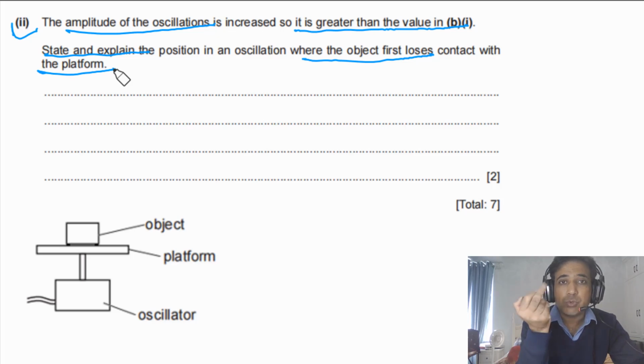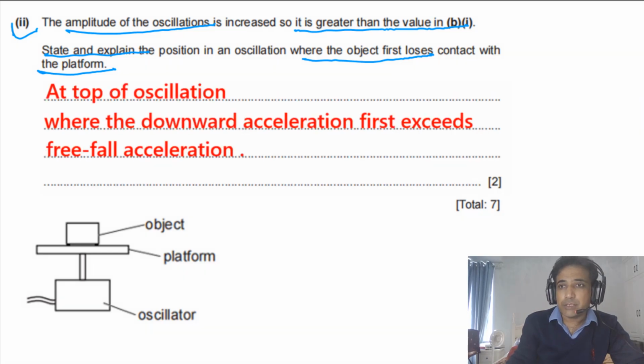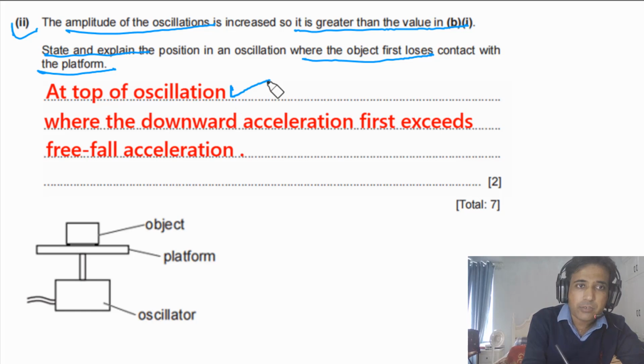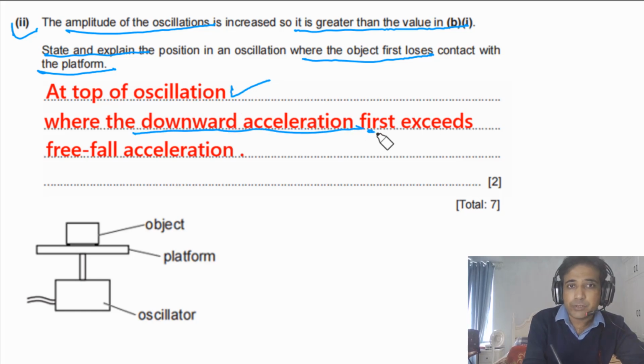So these 2 points we have to mention to get full marks, meaning to get 2 marks. So 1 point we can say this will happen at the top of oscillation, so you will get 1 mark, where the downward acceleration of the oscillator first exceeds the free fall acceleration at the top and downward.